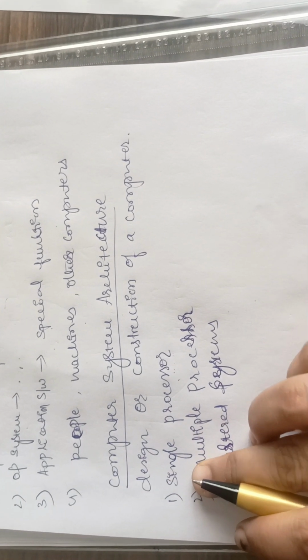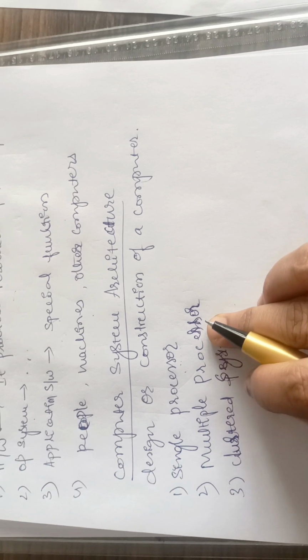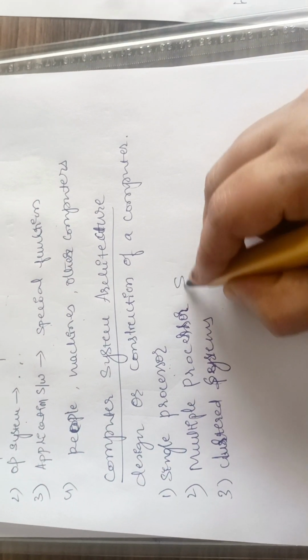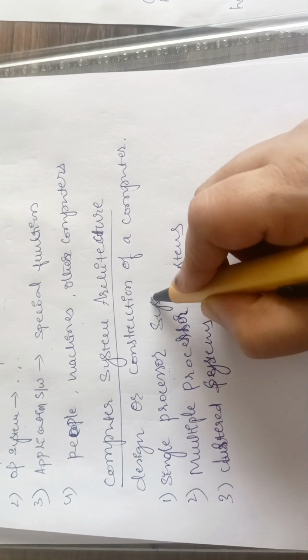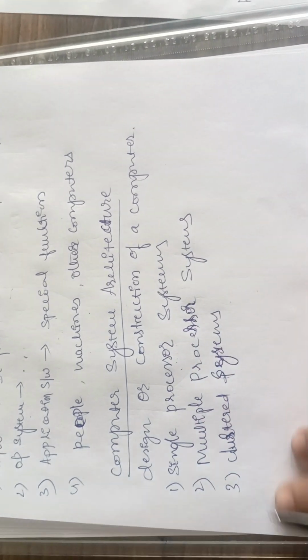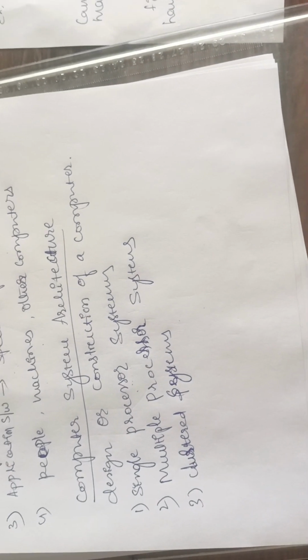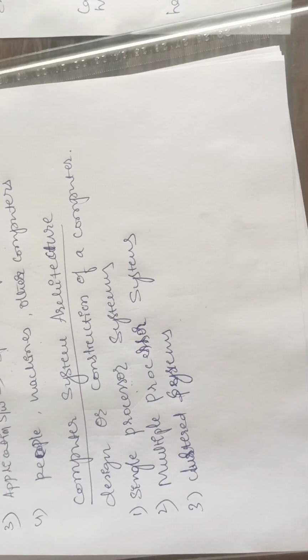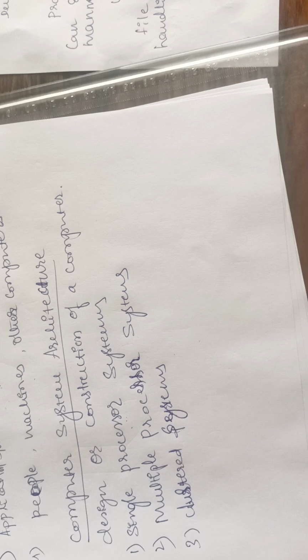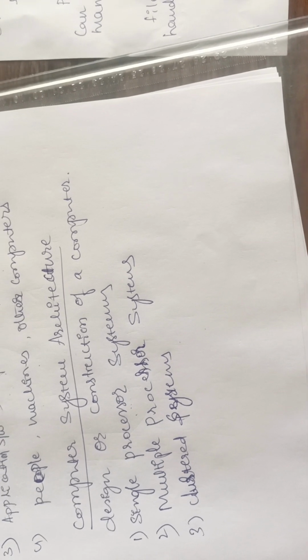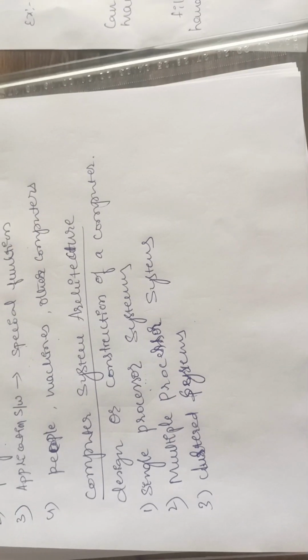Here the first one is the single processor system and the second one is the multiple processor system, and then clustered systems. In a single processor system, there is only one CPU that performs all the activities in the computer system.